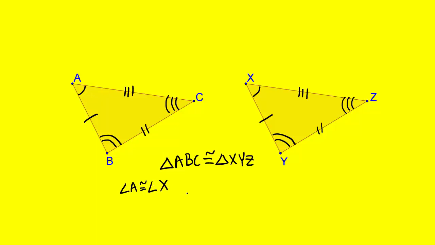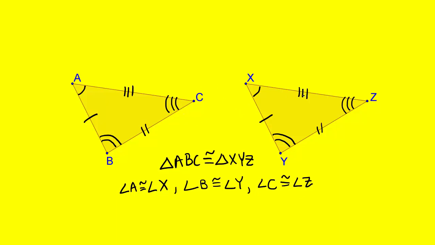We also knew that angle B, so I'll put a comma there, was congruent to angle Y. And we also knew angle C was congruent to angle Z. And again, these are all congruent because it was told to us that these are congruent triangles.